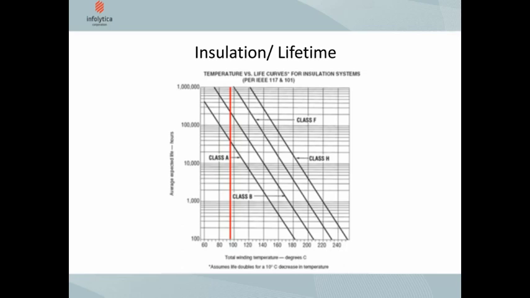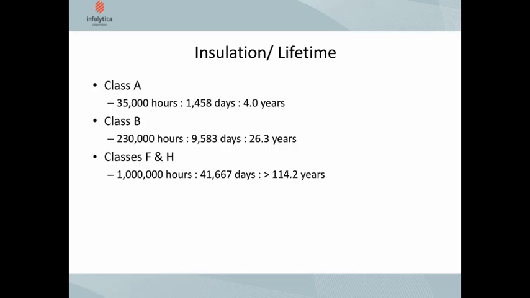Well, for Class A, the insulation will have its integrity and respond reasonably for about 4 years. Class B will have appropriate material properties for 26.3 years. And for classes F and H, which are above 1,000,000 hours, we have a cutoff of 114 years.